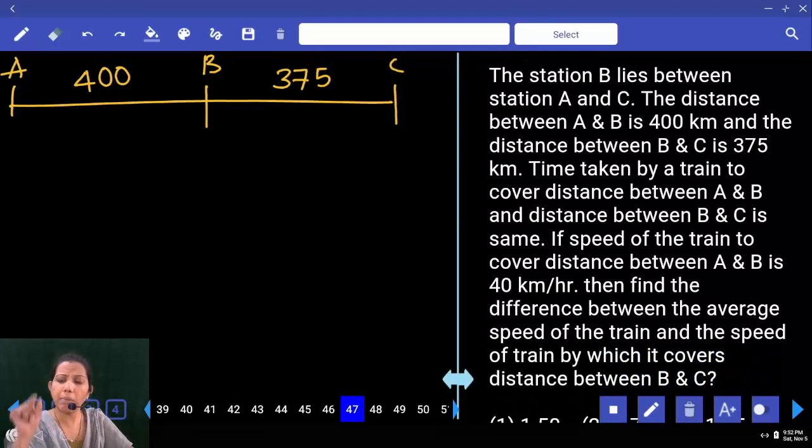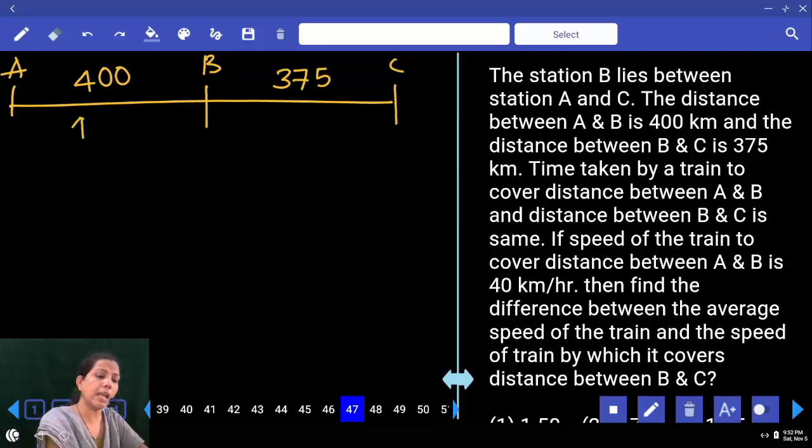The time taken by a train to cover the distance between A and B and distance between B and C are same. A to B time and B to C times are same. Time same. Next, if the speed of the train to cover distance between A and B is 40 kilometer per hour. This is speed.